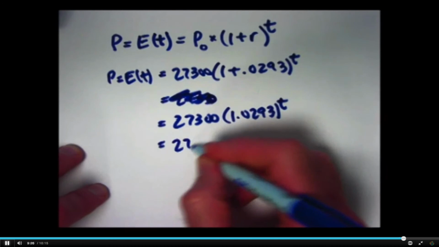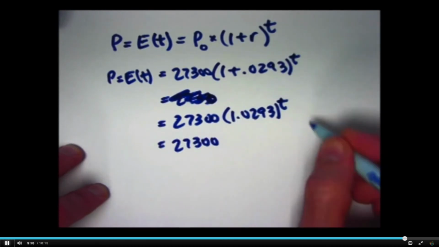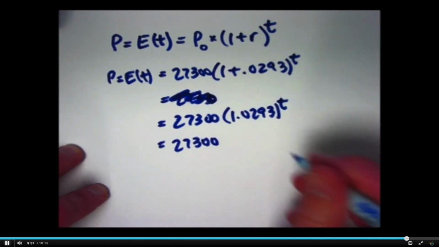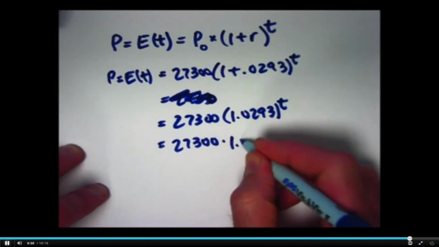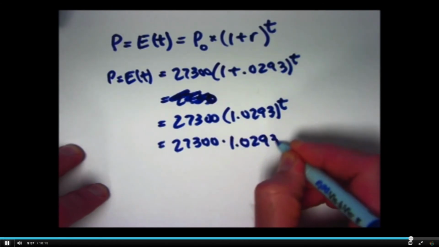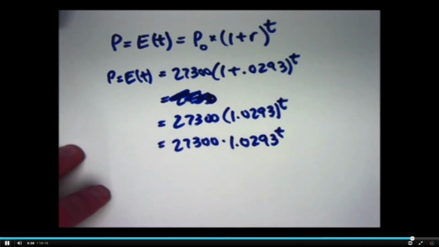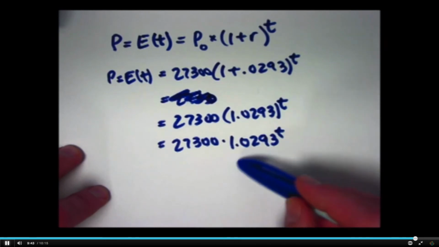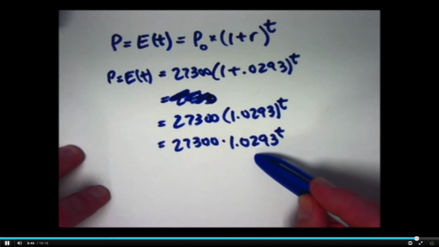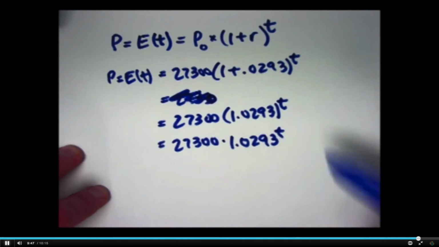It is conventional to not bother with the parentheses sometimes, though if you don't put the parentheses, you'd want to put a dot here for times. And the order of operations here is very important. Exponentiation gets done before multiplication, so you would want to take 1.0293 and raise it to the t power before you multiply by 27,300, and that's also what the parentheses emphasize.